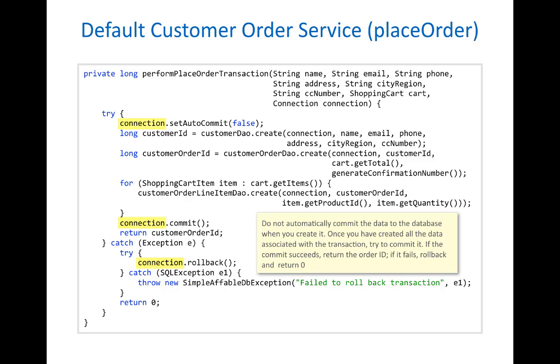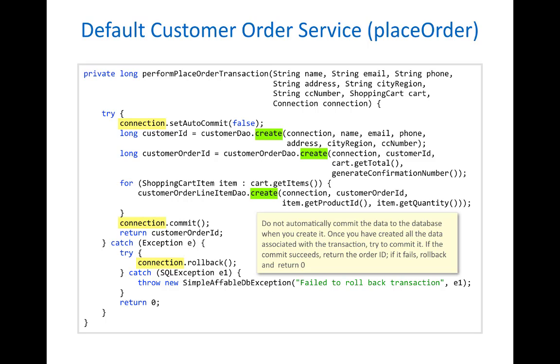Now, the second thing to notice is that we're calling three different create methods. One from the customer DAO, one from the customer order DAO, and one from the customer order line item DAO. The line item create method may get called multiple times depending on how many products we ordered.